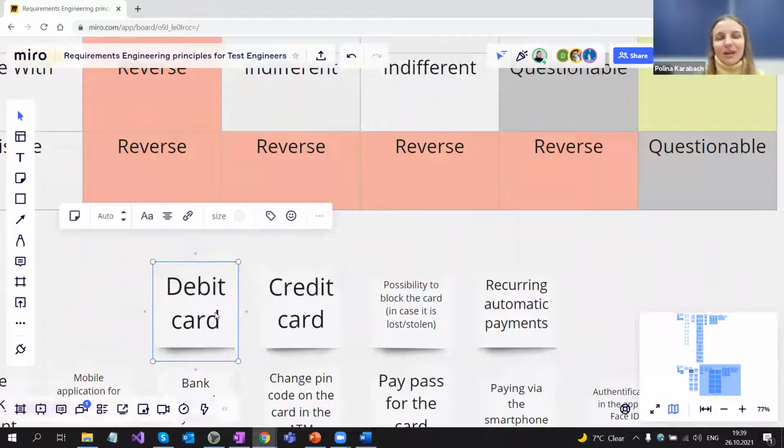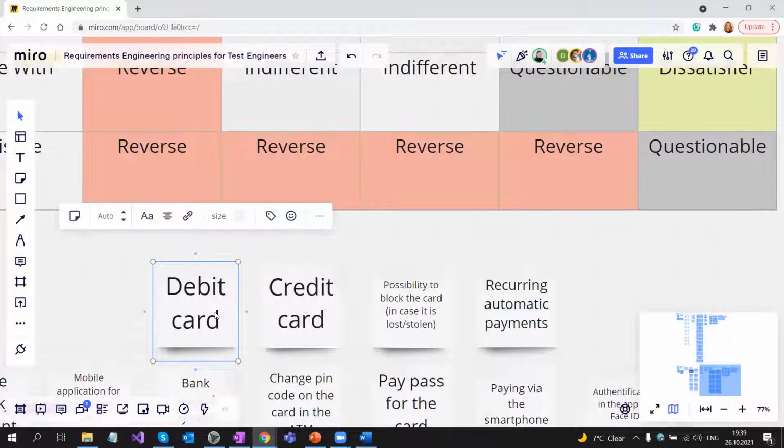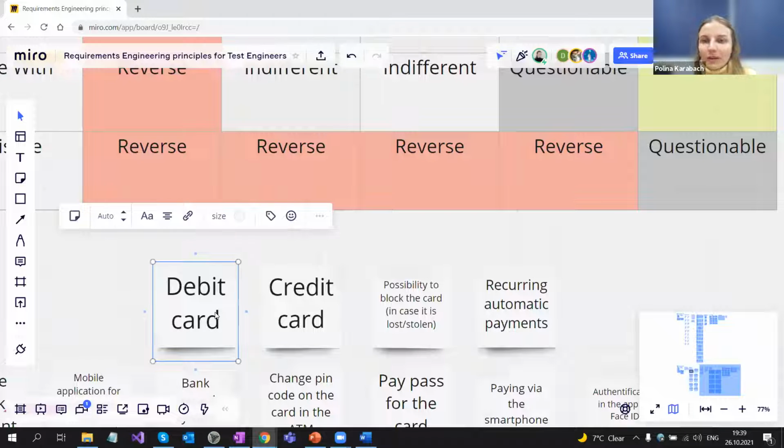Debit card. Is it like opening one, or what? A debit card is just a basic card without the credit limits, just a regular card. Do you mean that in your bank account there is a possibility to have a bank debit card, just a very basic thing?